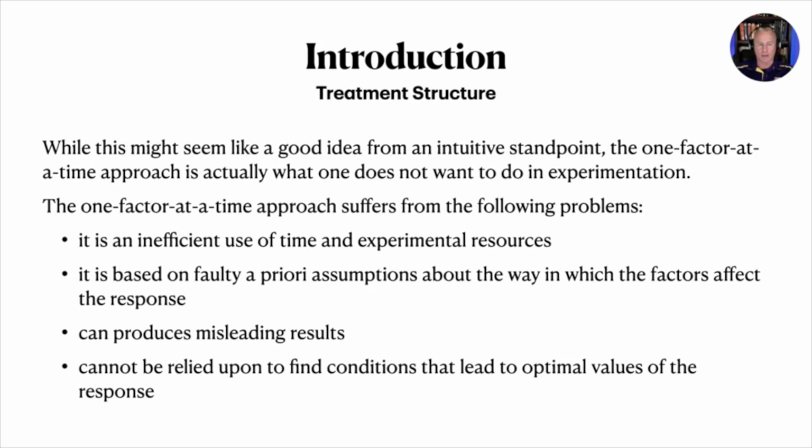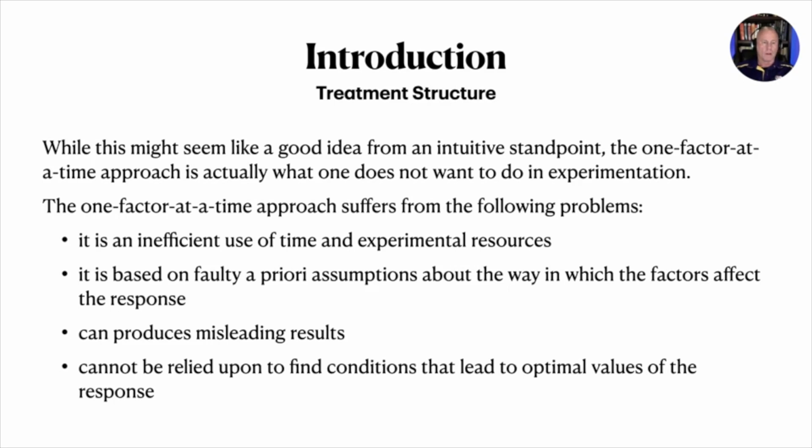Now, why is that? The one factor at a time approach suffers from the following problems. First, it's an inefficient use of time and experimental resources. We're going to talk about these more as we go along, but that's one of the reasons why this is problematic. Two, it's based on faulty a priori assumptions about the way in which the factors affect the response.